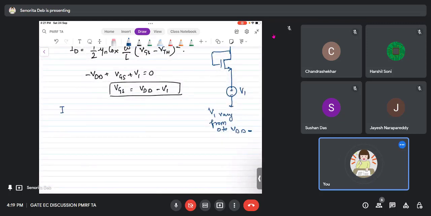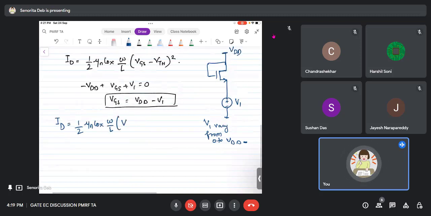Now, what will happen? VGS we have found out. We know ID's equation. So ID is half mu n COX W by L times VDD minus V1 minus VTH whole square. That is what is going to happen.